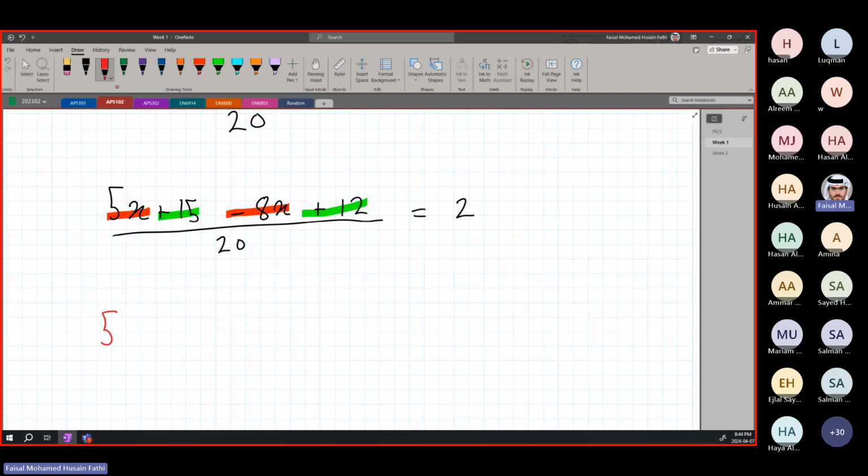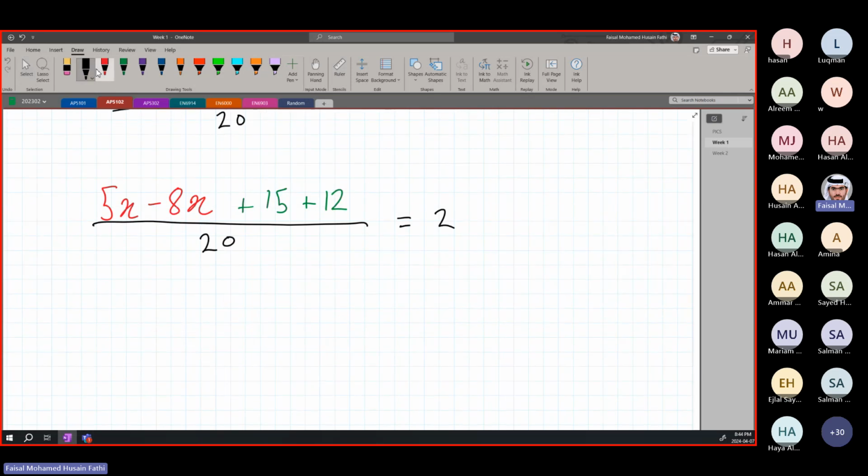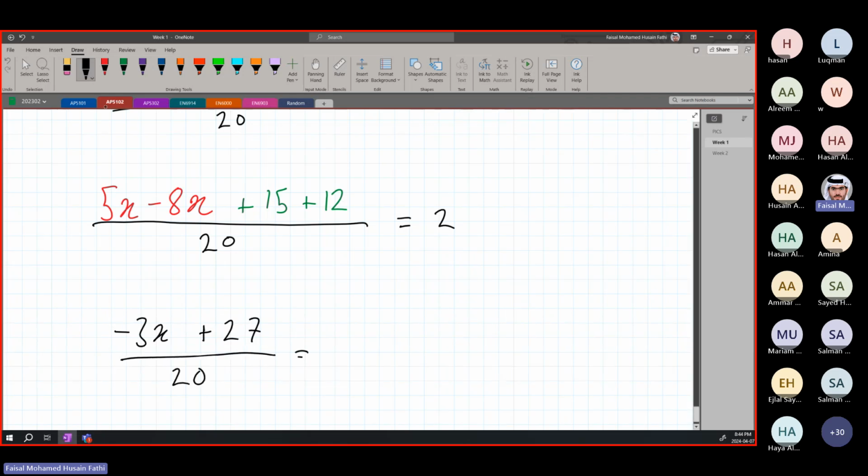So it's going to be 5x minus 8x plus 15 plus 12 all over 20, which is equal to 2. All right? Again, we can simplify them up here. 5 minus 8 is minus 3x. Plus 15 plus 12, which is 27, all over 20, which is equal to 2.